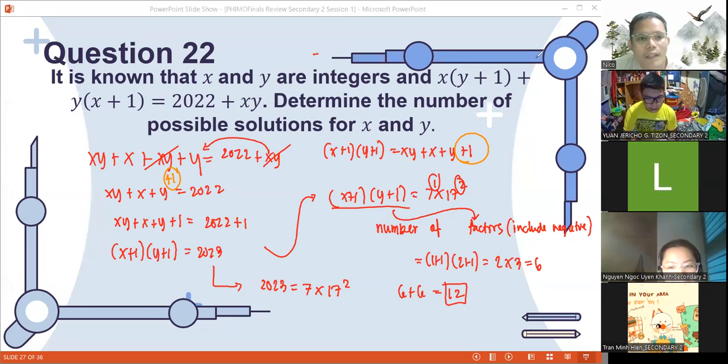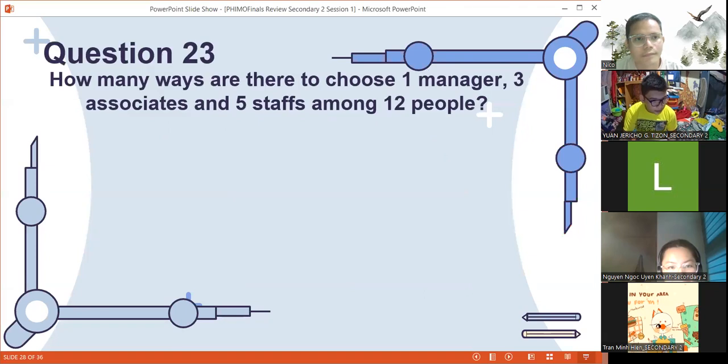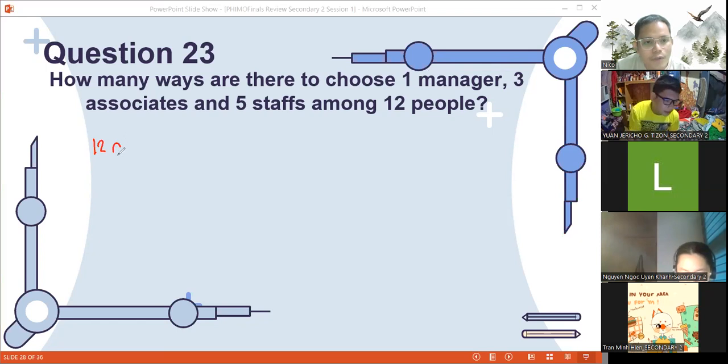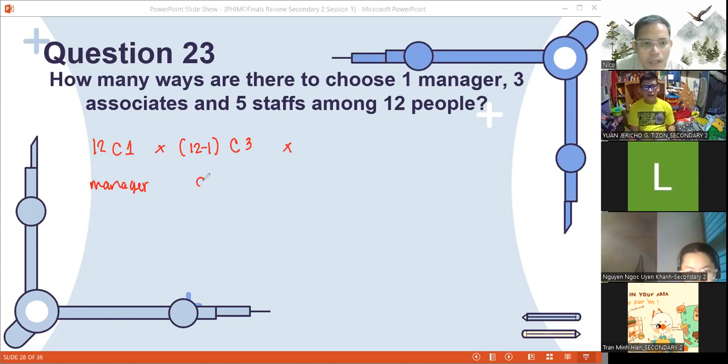Okay, let's have number 23. How many ways are there to choose from one manager, three associates, and five staffs among 12 people? So among 12 people, you choose one for manager, and then among 12 minus 1, because you choose already one for manager, you choose 3 for associate.